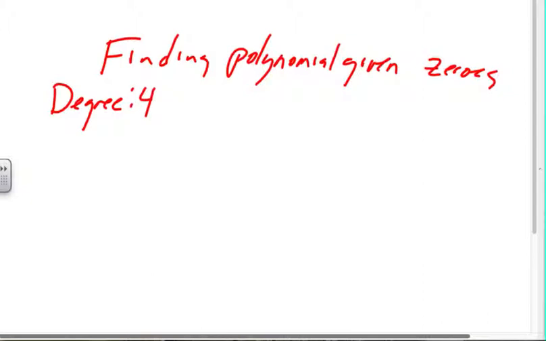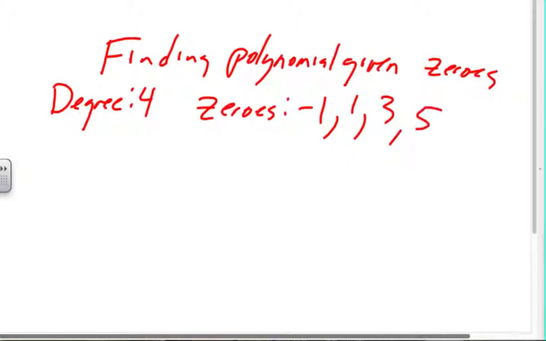That means you're looking for an x to the 4th term. And it has zeros of -1, 1, 3, and 5. Now you notice we have degree 4 and I have 4 zeros. So what that means is that none of these have to repeat. So now this becomes relatively easy.